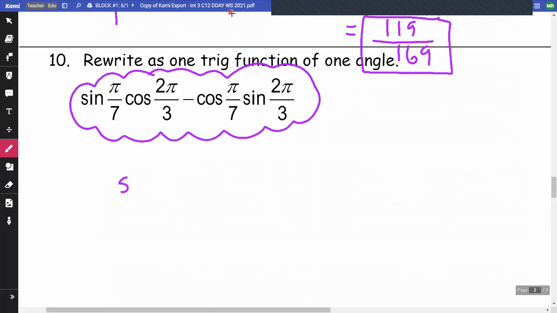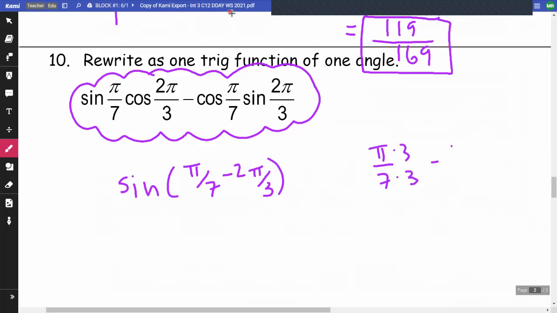So I'm going to have sine of pi sevenths minus 2 pi thirds. And when I do that math, let's see, pi sevenths, I'm going to times top and bottom by 3. 2 pi thirds, I'm going to times top and bottom by 7. So I'm going to get 3 pi 21sts minus 14 pi 21sts.